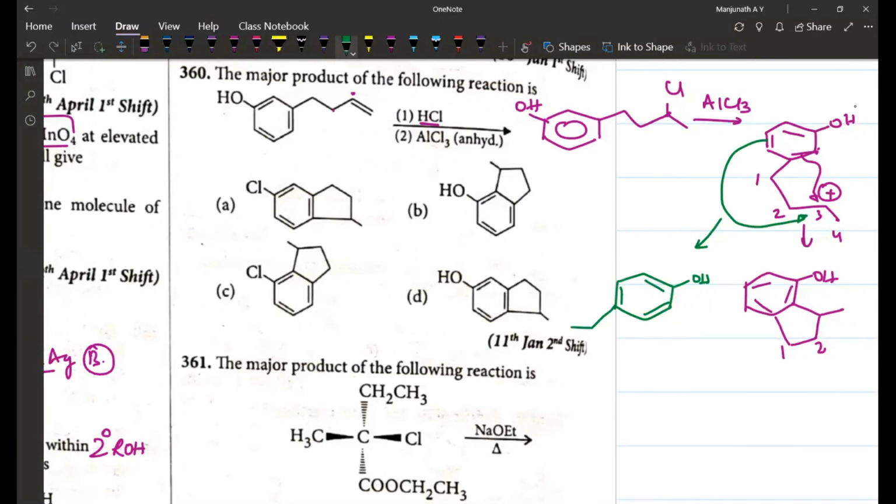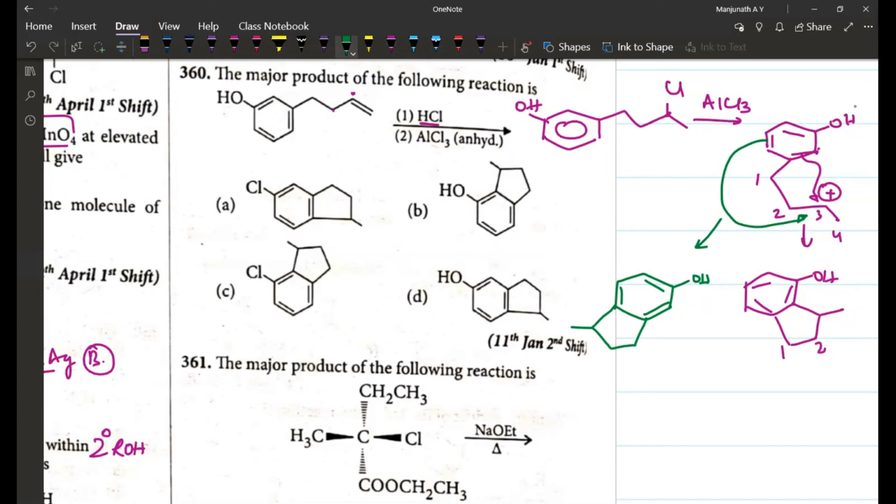So this is due to the minus I effect of OH. No, sir, the para position. No, plus R only. See, plus R is operative at para as well as ortho. Correct? Yes, sir, then why para?